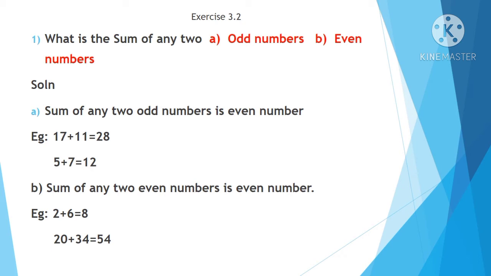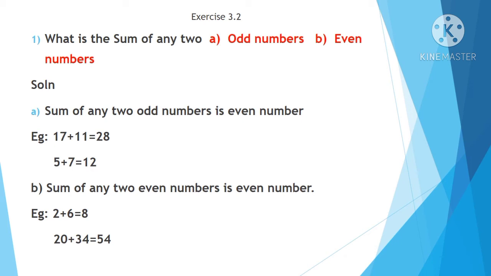The sum of any two odd numbers is even. They are asking what is the sum of any two odd numbers. When you add two odd numbers, what answer are you getting, an even number or an odd number? If you take any two odd numbers and add them, you will get an even number.